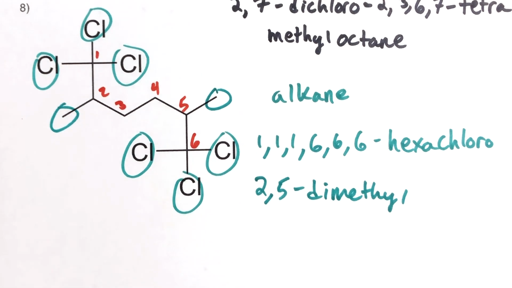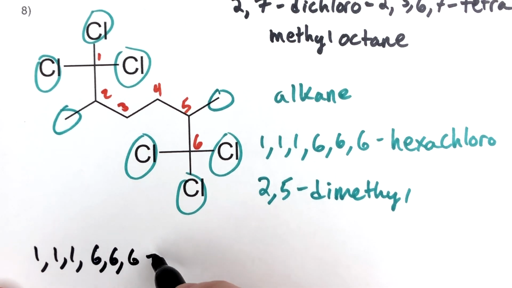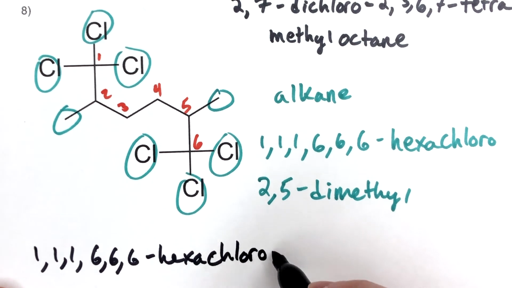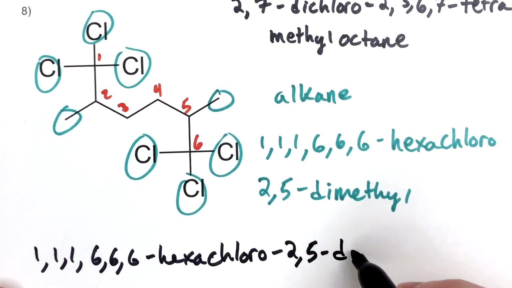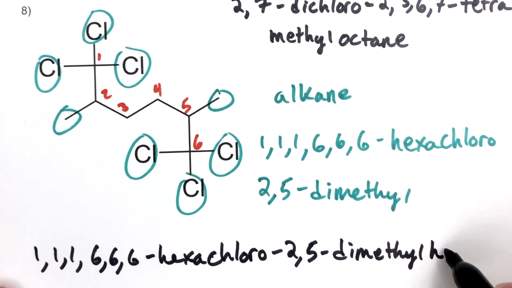And then it's a hexane because it is 6 carbons is the longest continuous chain. So you put this all together. It is a 1,1,1,6,6,6 hexachloro 2,5-dimethyl hexane.